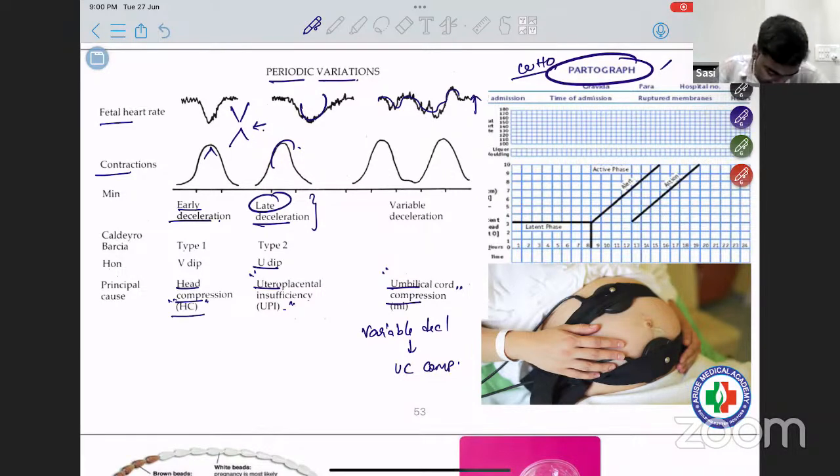Okay, out of this, head compression and early deceleration is almost normal. Fine, you just remember. And this is how this WHO partograph looks like, and this is the CTG or cardiotocography monitoring. Fine, in which we measure both heart rate and uterine tonicity. Fine, just remember these two things.